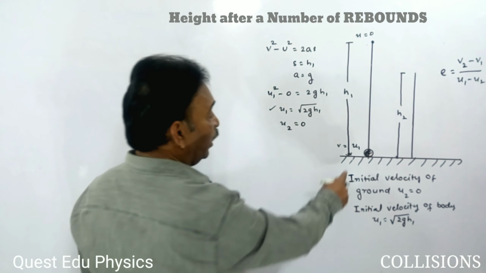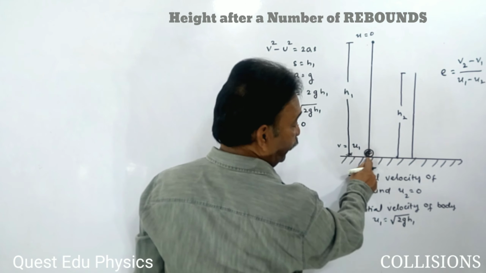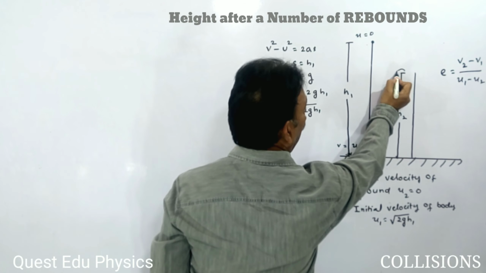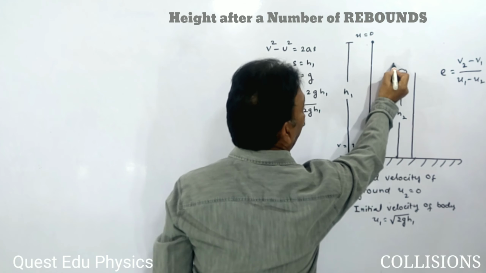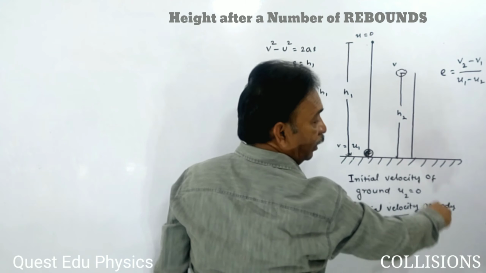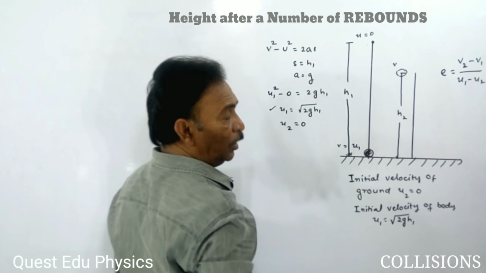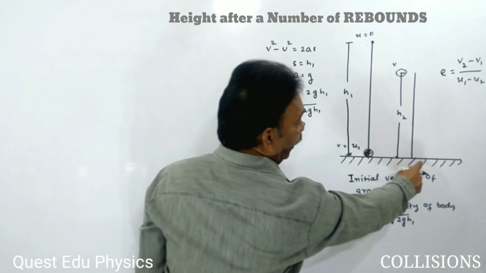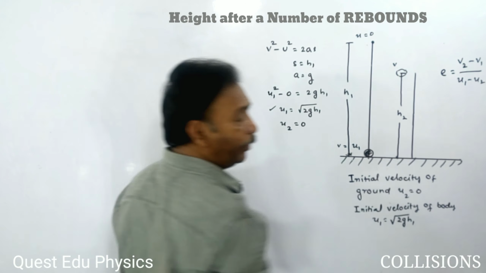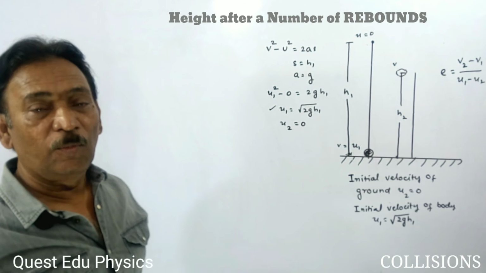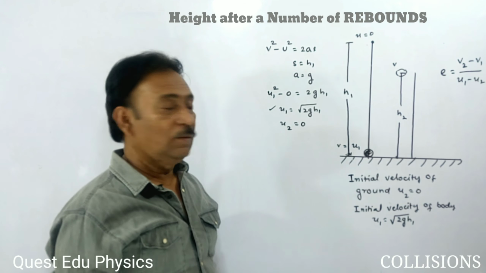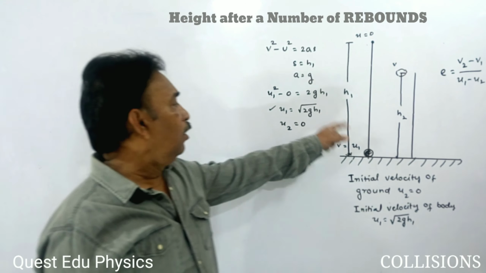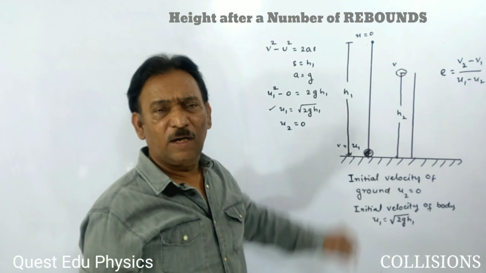Okay, students? It hits the ground with a velocity of u1. It means it rebounds. On reaching a particular point, it loses its velocity, final velocity. Then it begins to fall down. We are using the same principle, students. And also you have to think that the earth is very big when compared to the body. So there will be no change in velocity of the earth when the body hits the ground.